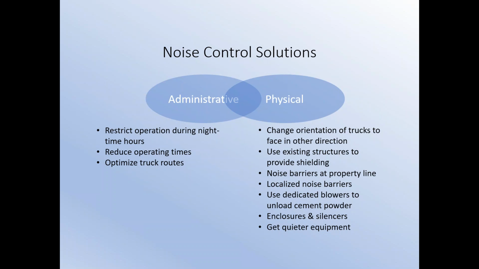They may include rescheduling the unloading of your tanker truck, for example, if maybe you don't need to unload it between 6 and 7 in the morning, it can come a little bit later when the noise limits are a lot higher. It can also include optimization of the truck routes, where if there's a house really close to the property line, you can just choose to drive the truck somewhere else.